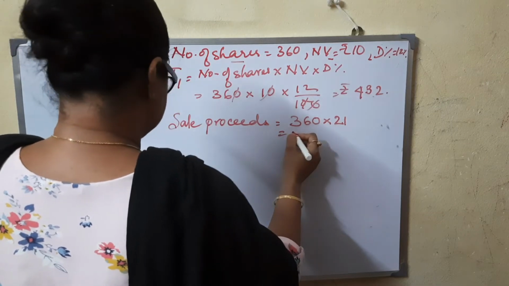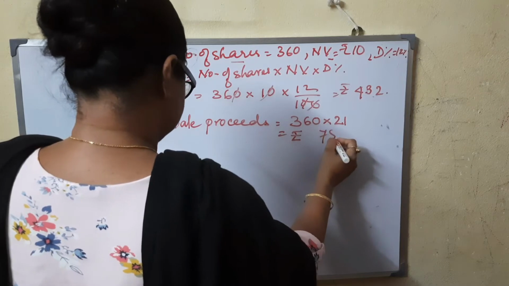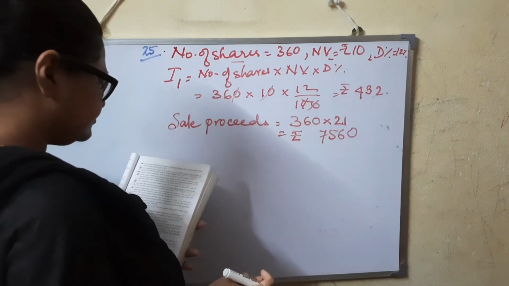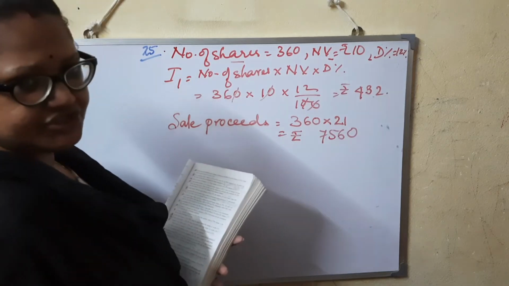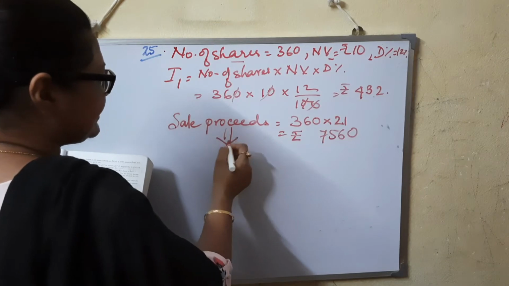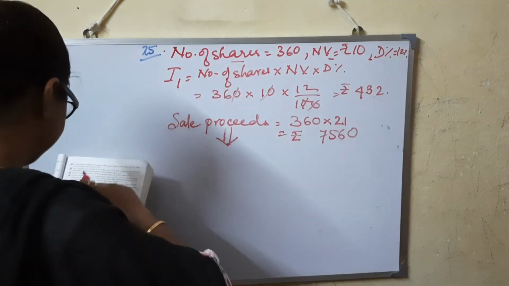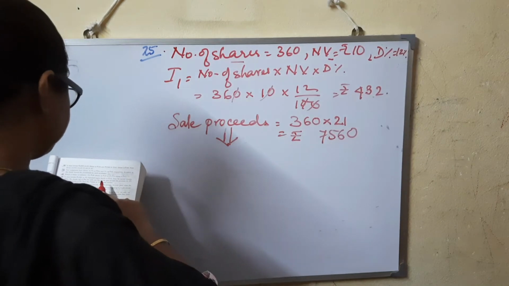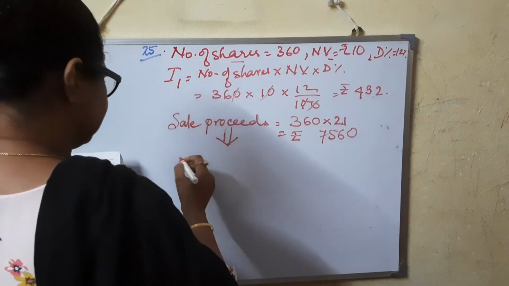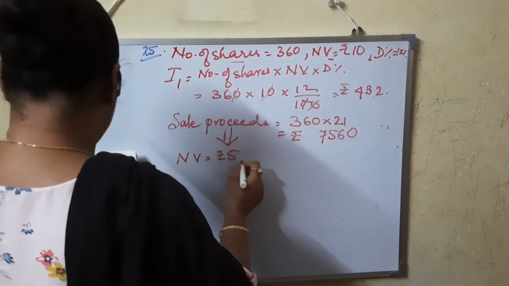So the sale proceeds is 7560. Okay. Now this sale proceeds is utilized in buying the next set of shares. They have said he invested the proceeds in rupees 5 shares. That means the next set of shares have nominal value rupees 5.